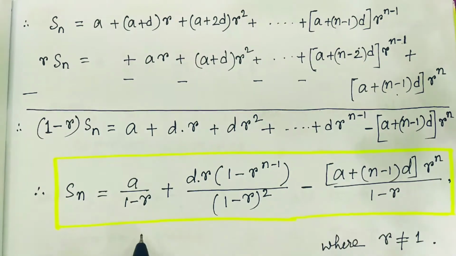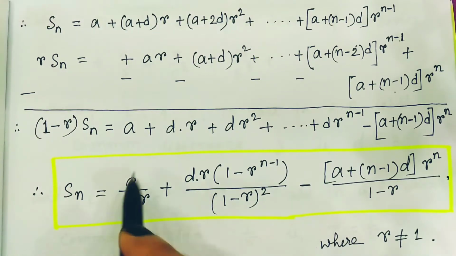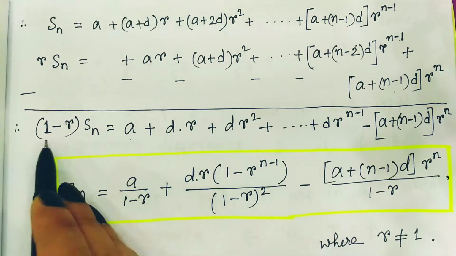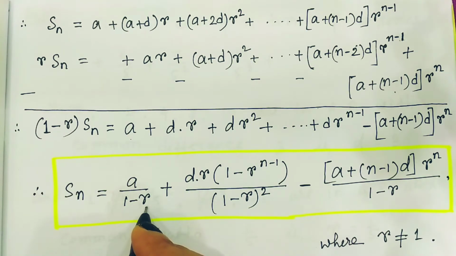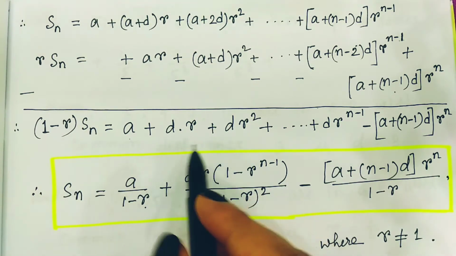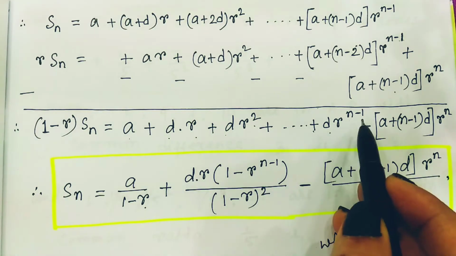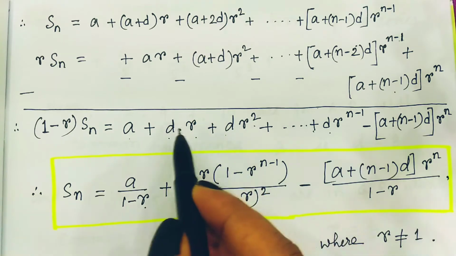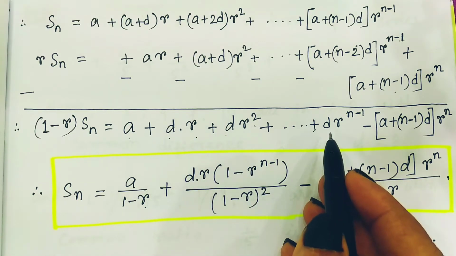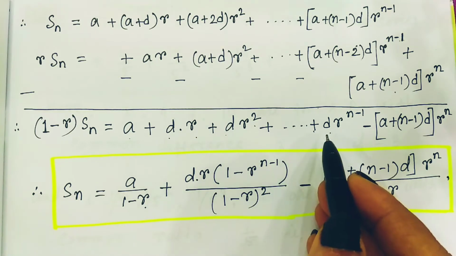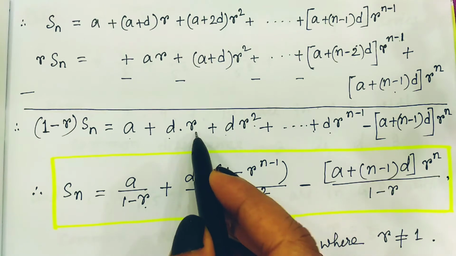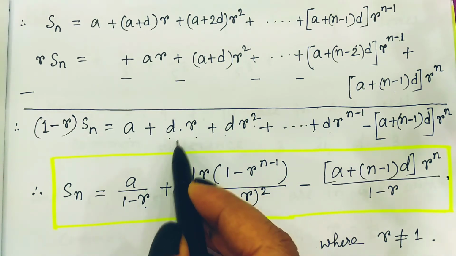So now, how do we find Sn? Just look, A divided by 1 minus R we write. There is no confusion here. Now this DR square, in this way up to DR to the power n minus 1, is a GP series now. In this GP series, the common ratio is R. The first term is DR, or we can take DR common.